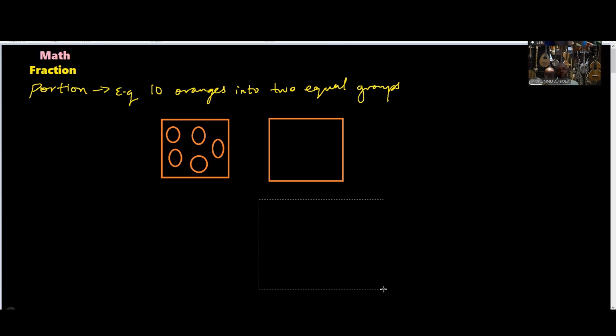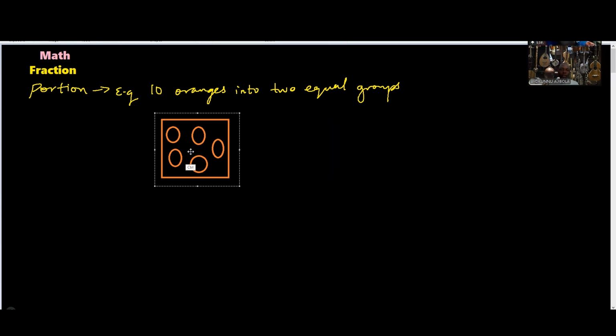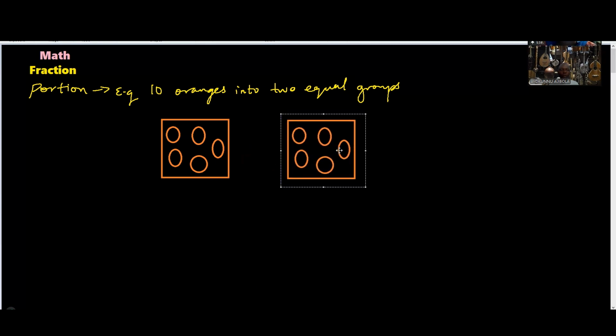I'm going to have another five oranges. So let me just duplicate these and say this is the second group, okay? So in the first box, I have one, two, three, four, five oranges. And in the second box, I have one, two, three, four, five oranges. So the total is going to be 10.